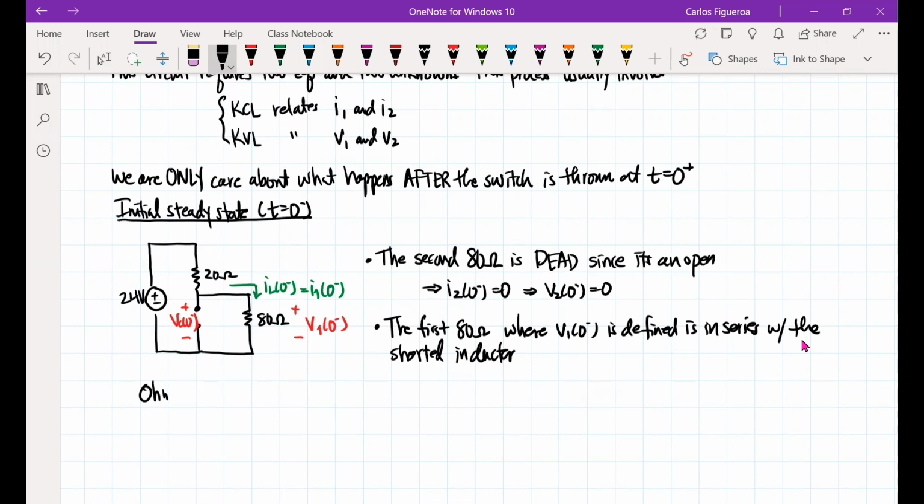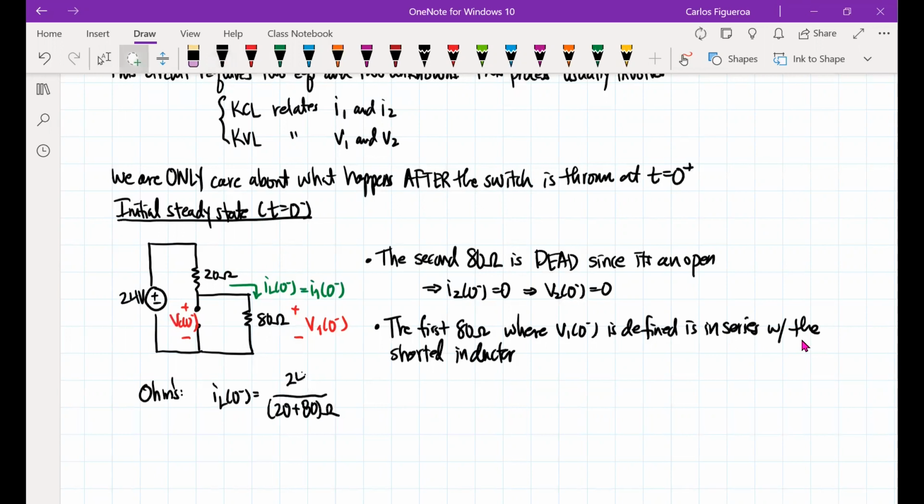If I use Ohm's law, you can see that I have a series circuit. So Ohm's law tells me the current of the inductor: the 24 volt source, the 20, and the 80 ohm are in series. So I should have 24 volts divided by 20 plus 80 ohms.